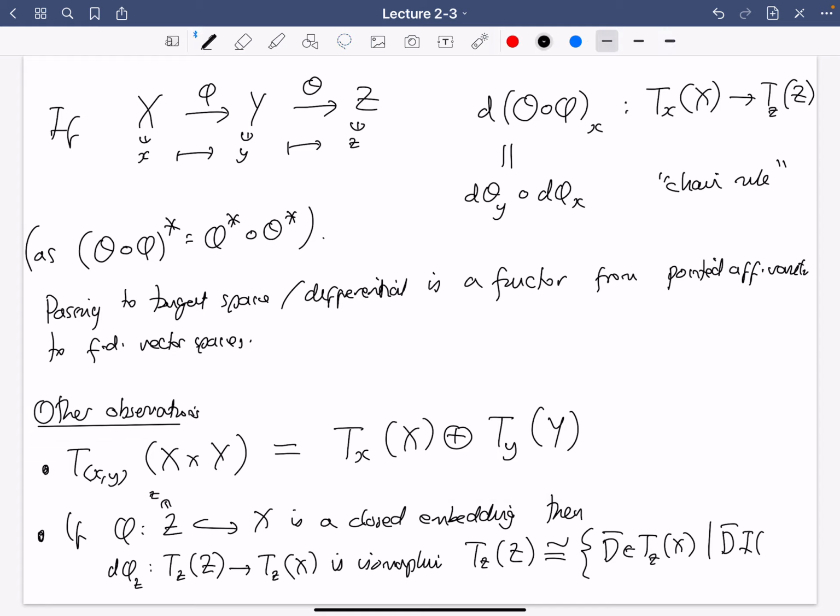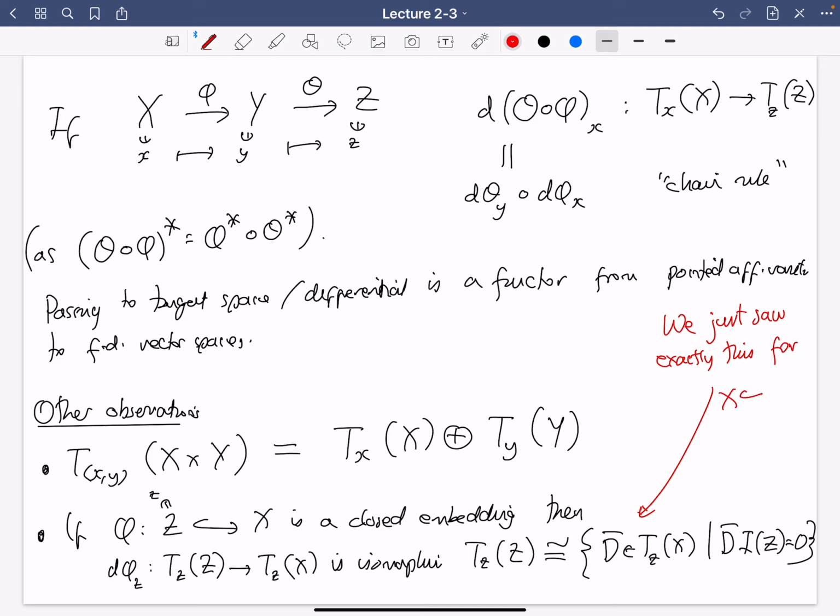Right, so the tangent space of x at z, this is point derivations from k of x to k. And so it's all point derivations on the coordinate algebra of x which kill the ideal of z. And indeed, we just saw exactly this when I was motivating the definition of tangent space.